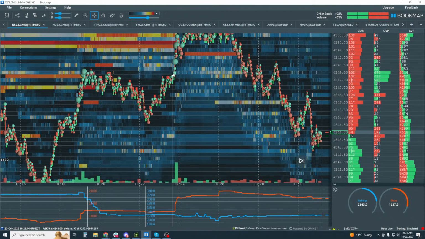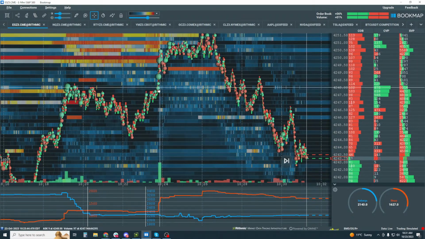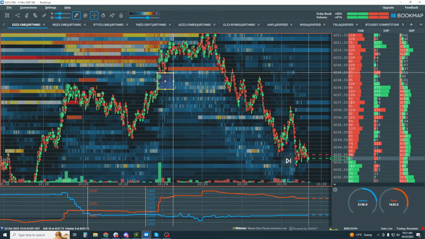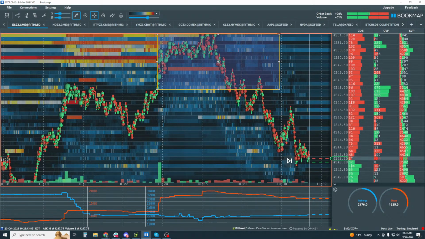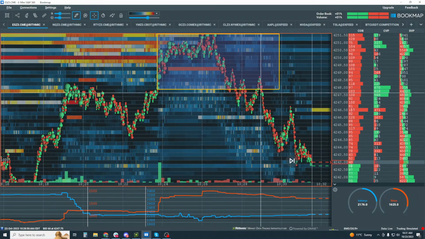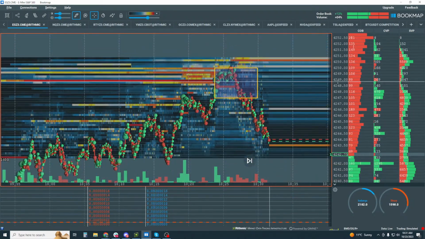Now we have something a little different here. See where these buyers came in and moved it? Sellers are now below it. They have taken control of this area onward, and we can even draw a line or a rectangle across that. Buyers still tried. Usually we see the retest right to the top of this 48 area, and then we see the sellers start to come in, and now they're driving the market.